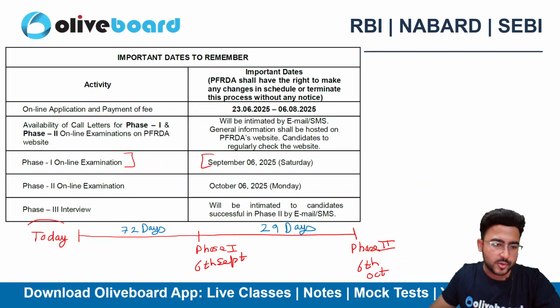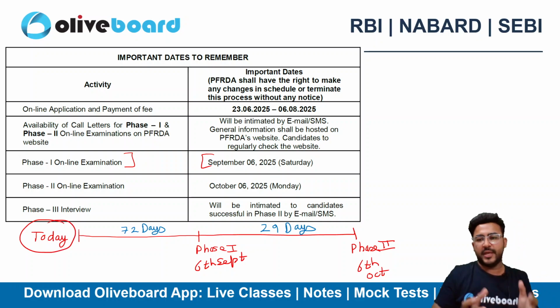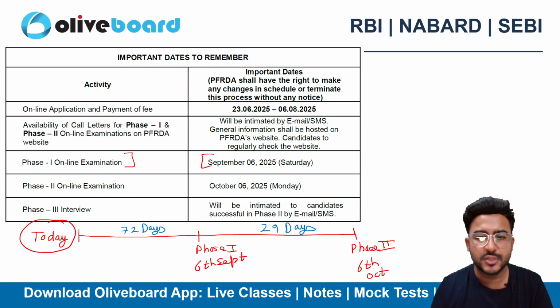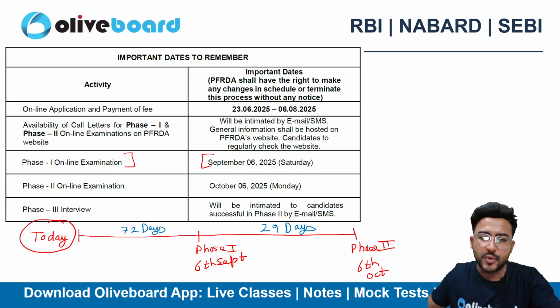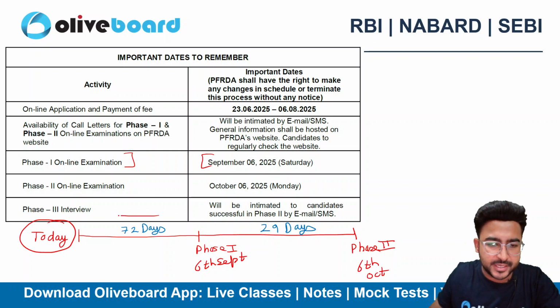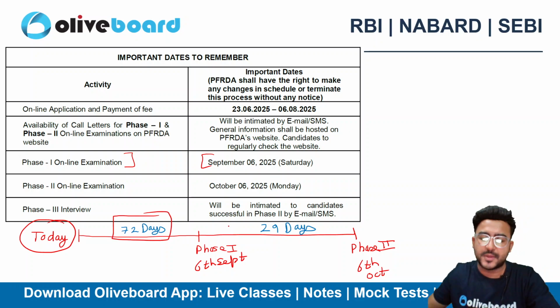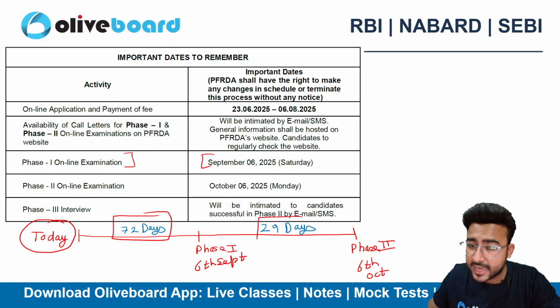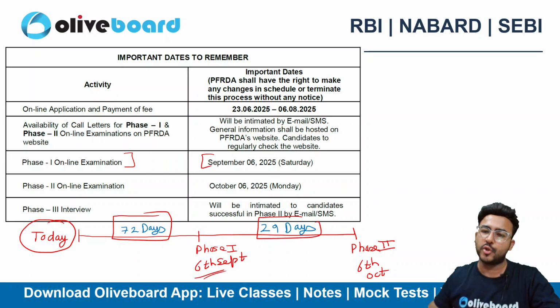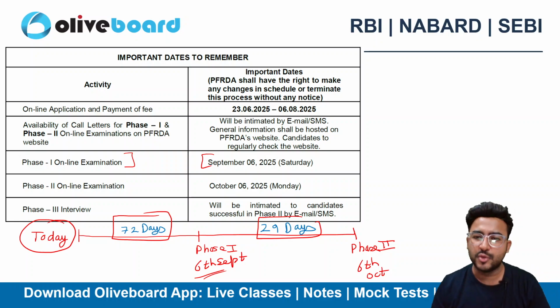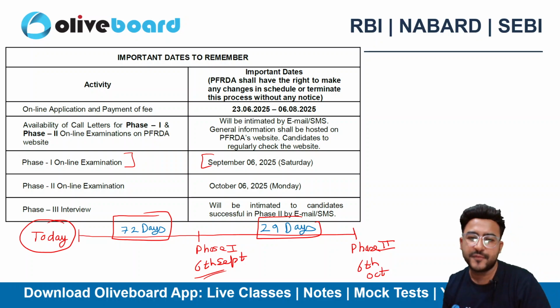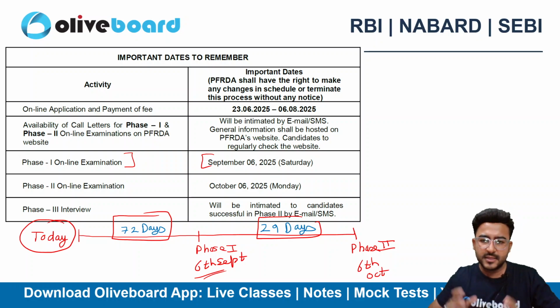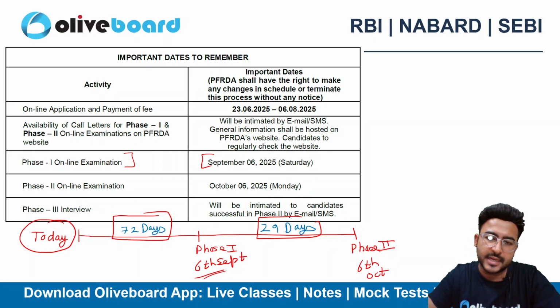So if you start studying from today itself, on 25th June 2025, you have approximately 72 days for your phase 1 preparation, and you do have 29 days from 6th of September to 6th of October, right? So for phase 1 you do have 72 days. For the phase 2 examination you'll be getting a slot of 29 days, right?